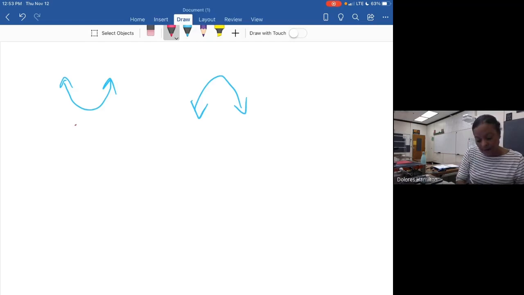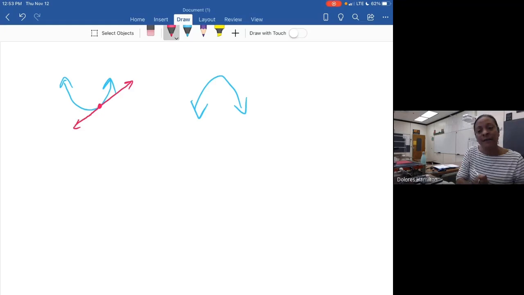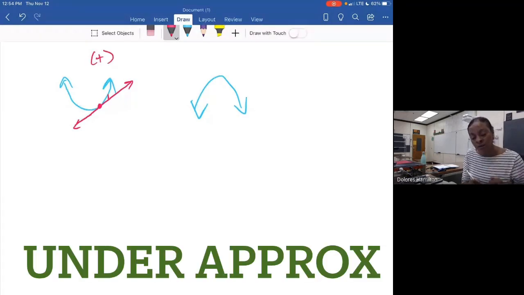If my graph is concave up and I'm using a tangent line to approximate a value near that x, it's always going to be slightly under the actual y value. So the predicted is going to be less than the actual.